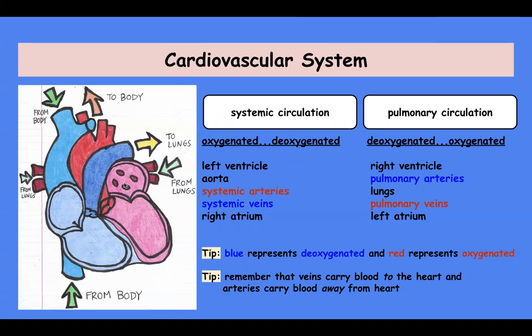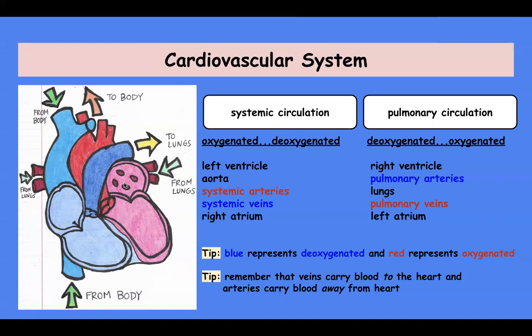So a tip that I have for all of you, when you're thinking about systemic versus pulmonary, specifically oxygenated versus deoxygenated, is to think of the two colors blue and red. Blue is going to represent deoxygenated blood, while red is going to represent oxygenated blood.